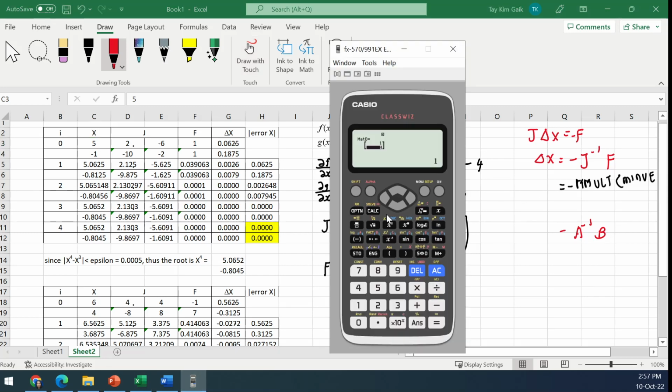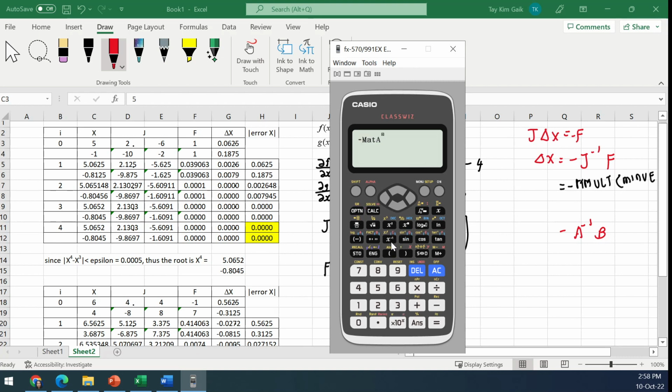Okay, so your options. Number 1 is to define matrix. Number 2 is if you have any mistake in your matrix, you can edit matrix here. Number 3 is for matrix calculation. So you want to do the matrix calculation, we choose number 3. So it's negative. We want the inverse Jacobian, which is stored in matrix A. So call option matrix A is 3.